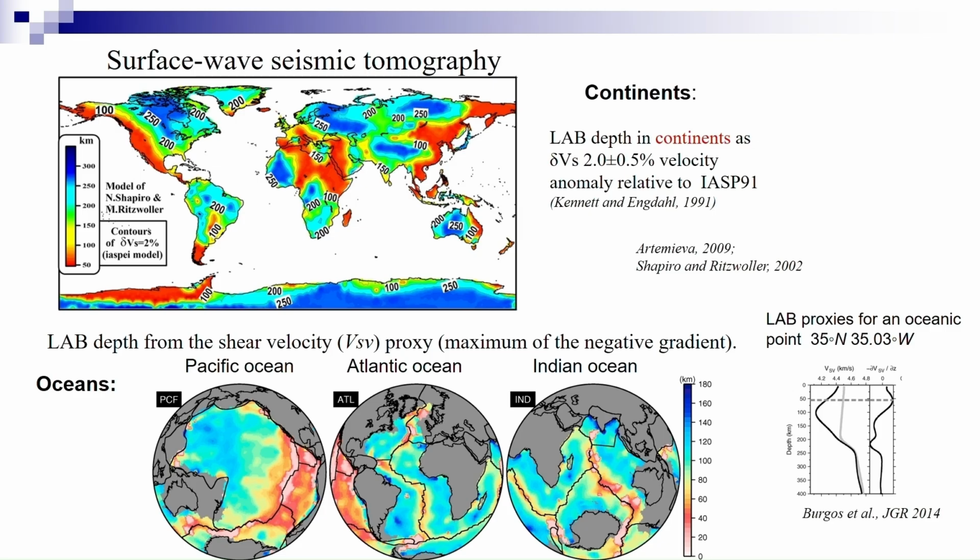Similarly to the thermal model, we see the deepest LAB beneath the Precambrian provinces. Beneath oceans, the LAB is derived from shear velocity as the depth of maximum negative velocity gradient in the Pacific, Atlantic, and Indian Oceans. The lithosphere is thin along the ridges and thickens with its age.